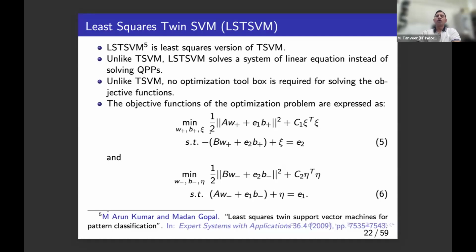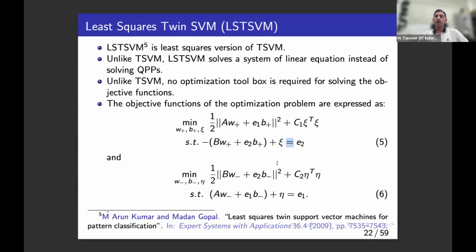What they have done essentially is replace the inequality with an equality constraint, and they also replace the one norm of the slack variable, the error variable, with the two norm of the slack variable. These are small changes, but fundamental, and they help us solve the problem nicely in a simpler manner, that is, we are simply solving a system of linear equations rather than solving a QPP. No optimization toolbox is needed because they are simply systems of linear equations.